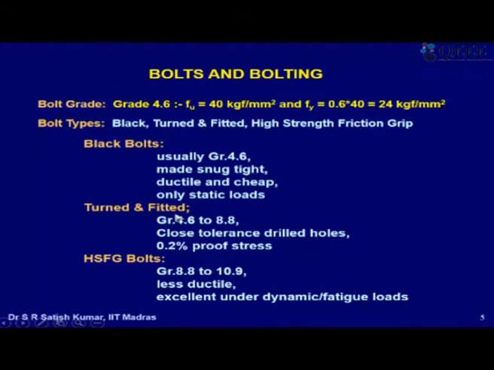Turned and fitted bolts are put in exact holes, that is, not clearance holes but close tolerance drilled holes, as the second line tells you. So the tolerance is much lower, and these are used mostly in mechanical engineering, like machines and other things. Like in your bicycle, generally you don't have the gap, because if you have a gap around the bolt, it will start moving and rattle, and it may not transmit the force easily.